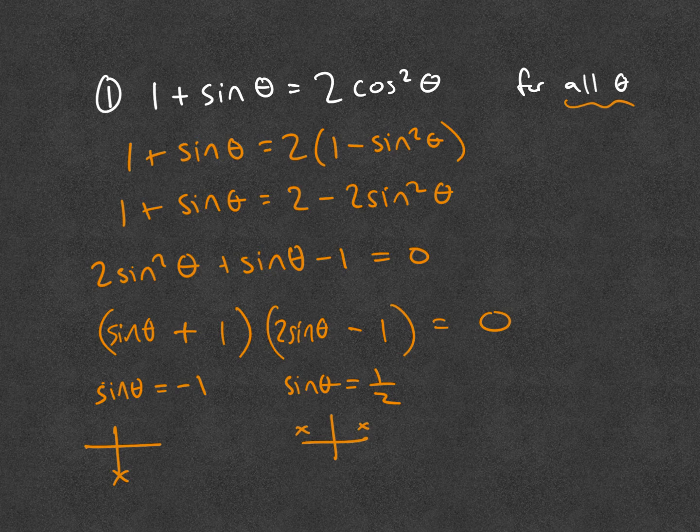So we have theta equals 3 pi over 2 plus 2 pi k, and then we also have pi over 6 plus 2 pi k and 5 pi over 6 plus 2 pi k. And there are our answers.